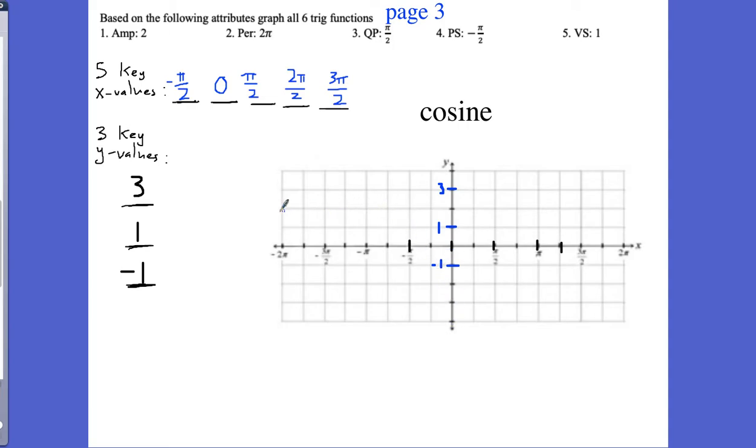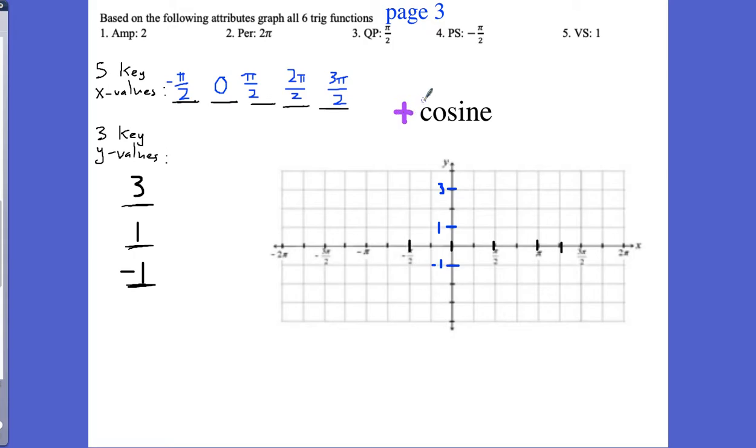And now we're ready to draw the dots again. The difference with cosine compared to sine is that it starts in a different spot. Sine curves start at the middle y value at our first x value. Cosine curves either start at the top or the bottom, depending on if A is positive or negative.